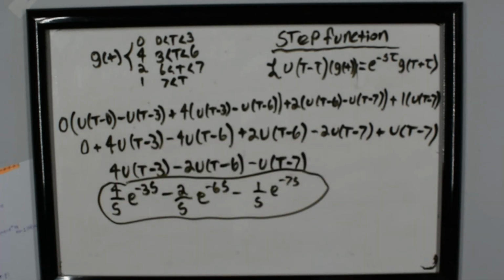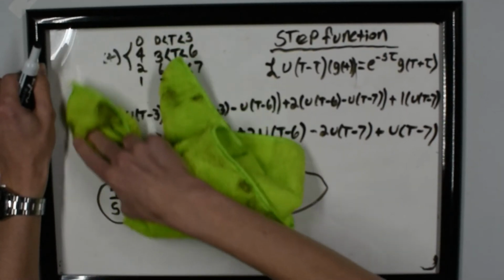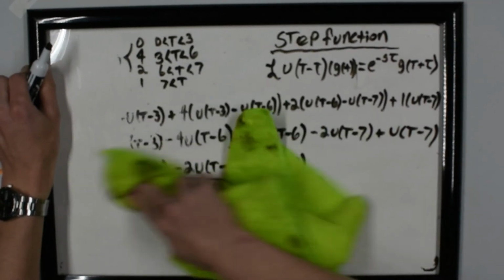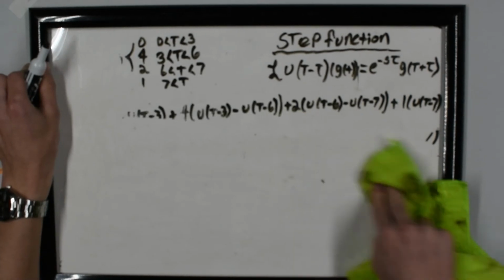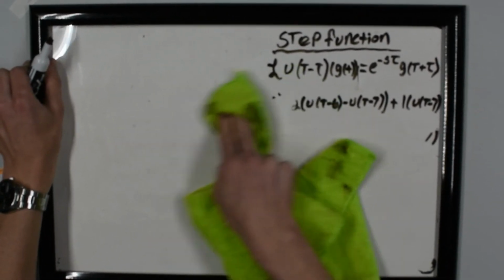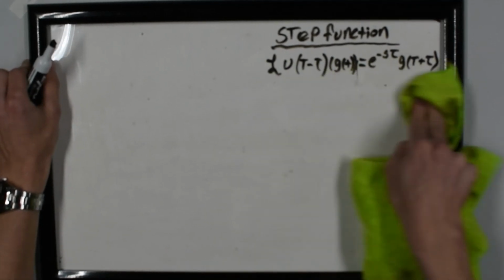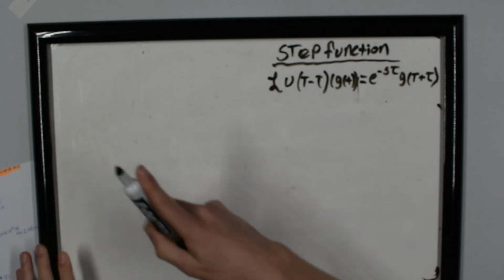So not too bad. I would like to do one more, and it's number 19. 19 is a little bit more difficult. Not as long, but more difficult because it involves a more complicated function. So let me just erase this and keep our formula.